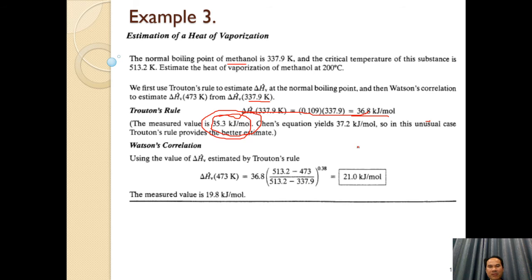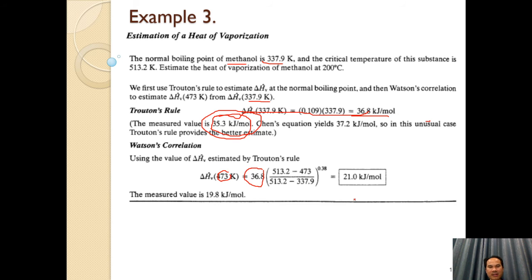And then you can calculate at another temperature by the Watson correlation. That means delta SV at T2 equal to delta SV at T1 times the ratio of Tc minus T2 divided by Tc minus T1, to the power 0.38. For this case, T1 is 337.9, T2 is 473 Kelvin.